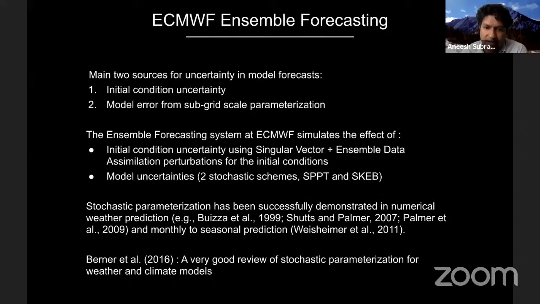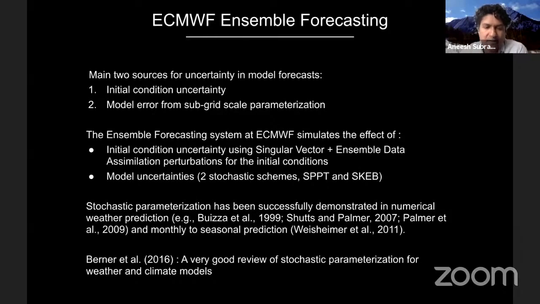Those are perturbing the largest error-growing modes in the system. Another method used for representing initial condition uncertainty is an ensemble data assimilation perturbation, where they have multiple representations of their system through the data assimilation framework. And that covariance or variance across the ensemble is used to represent initial condition uncertainty.